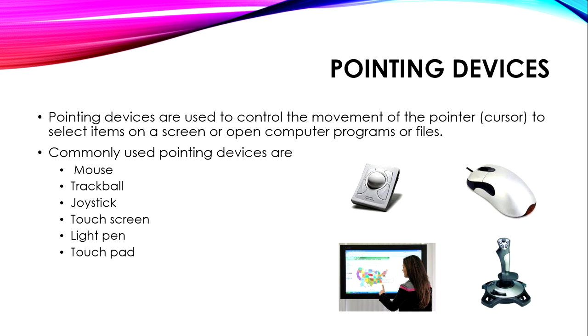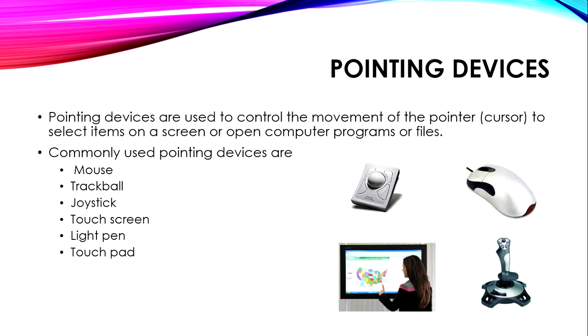Next is touch screen. Touch screen is a computer display screen. It is an input as well as output device. The screen is sensitive to pressure. The user interacts with the computer by touching pictures.